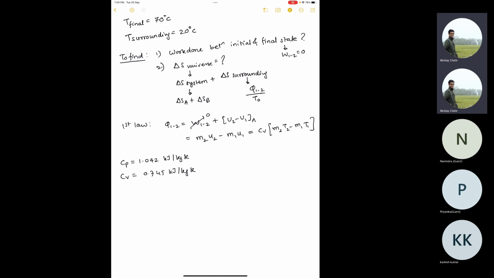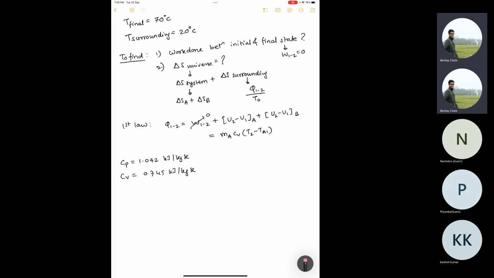Actually, it will be for the first gas, then there will be a second term for the second gas, right? Because for both gases, the entropy is changing, right? So this will become MA Cv (T2 minus TA1), essentially your final temperature.